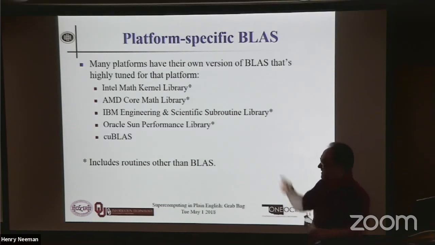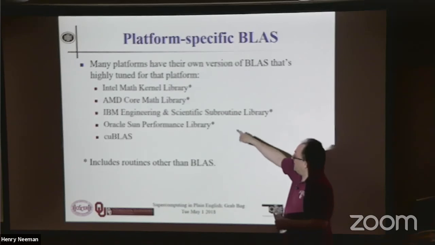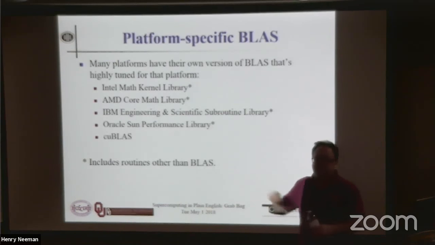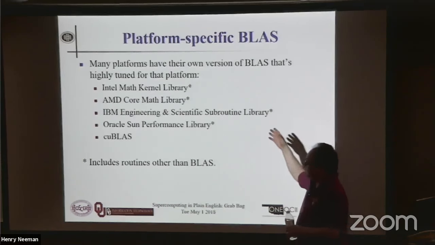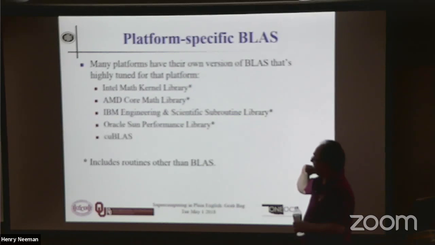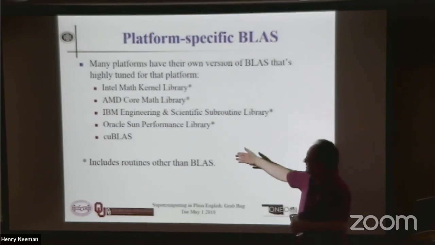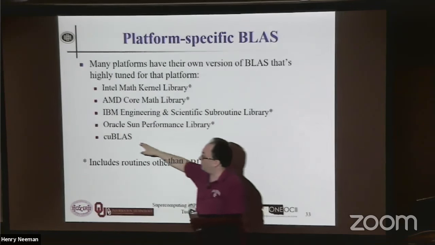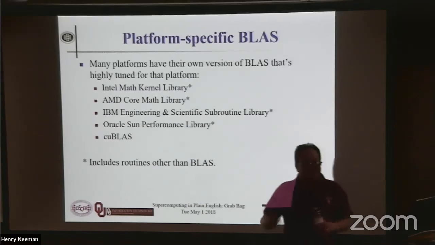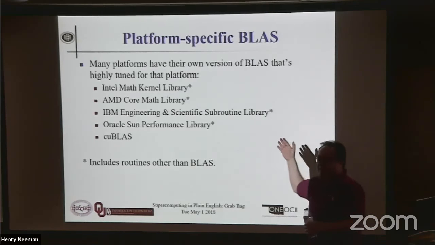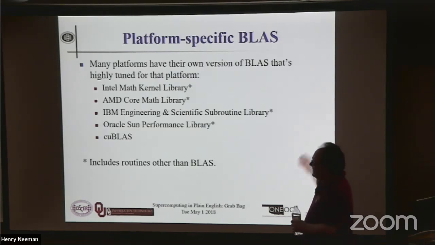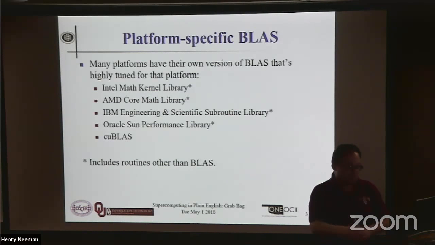So Intel has a library that includes the BLAS. The ones that have stars also have other stuff in them, but include the BLAS. AMD has a similar thing. IBM, Oracle. There's one developed for CUDA on NVIDIA systems. All these libraries are highly tuned, often using his brilliant idea.